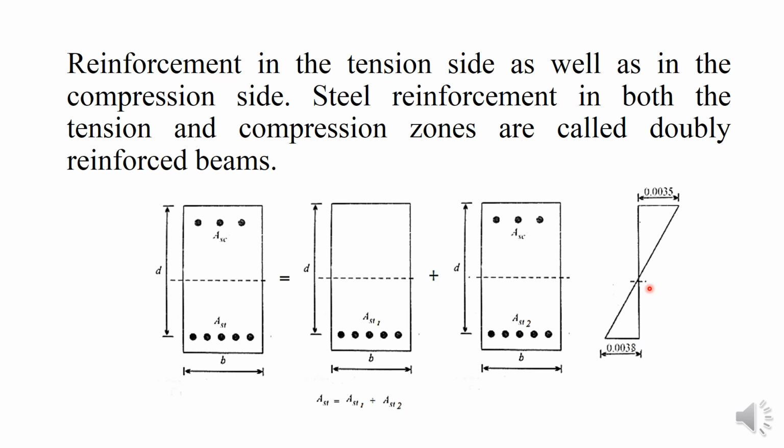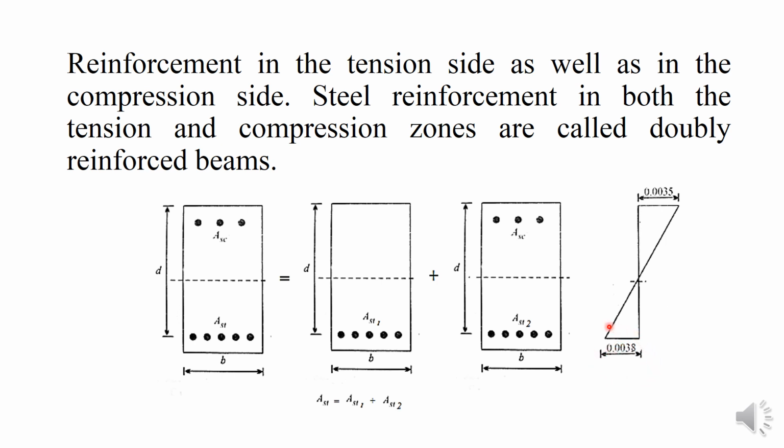We could explain further if we draw the stress strain diagram. Considering Fe415, we have 0.0035 strain in the compression zone and 0.0038 in the tension zone.